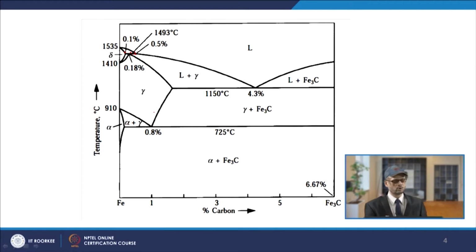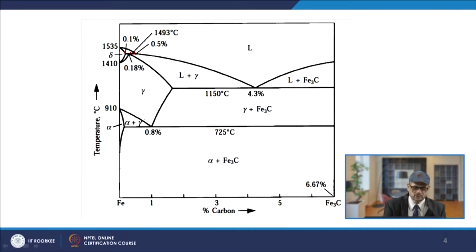And just below 725, you are getting alpha on this side, and on this side you have the Fe3C line. So, above 725 you are getting alpha plus gamma, below 725 you are getting alpha plus Fe3C. Now, the percentage of ferrite for above 725.